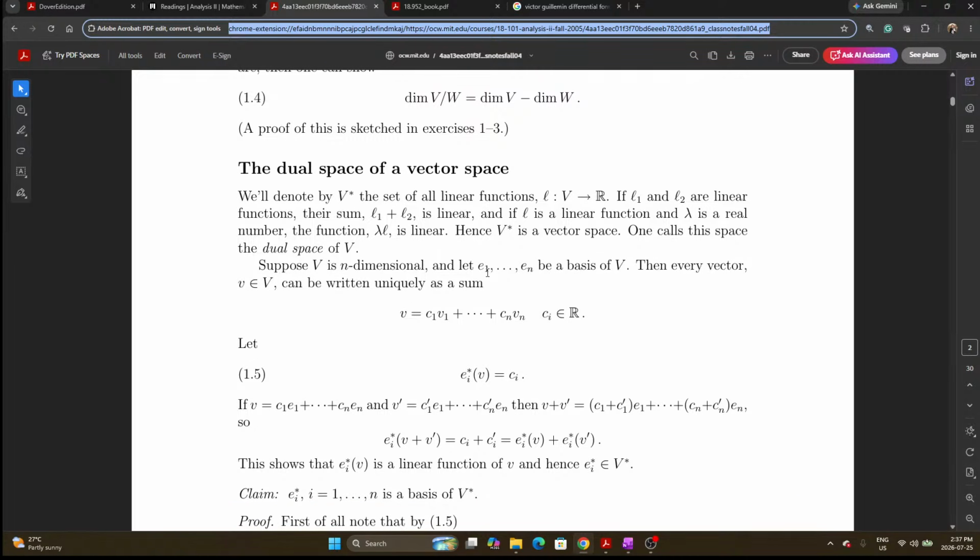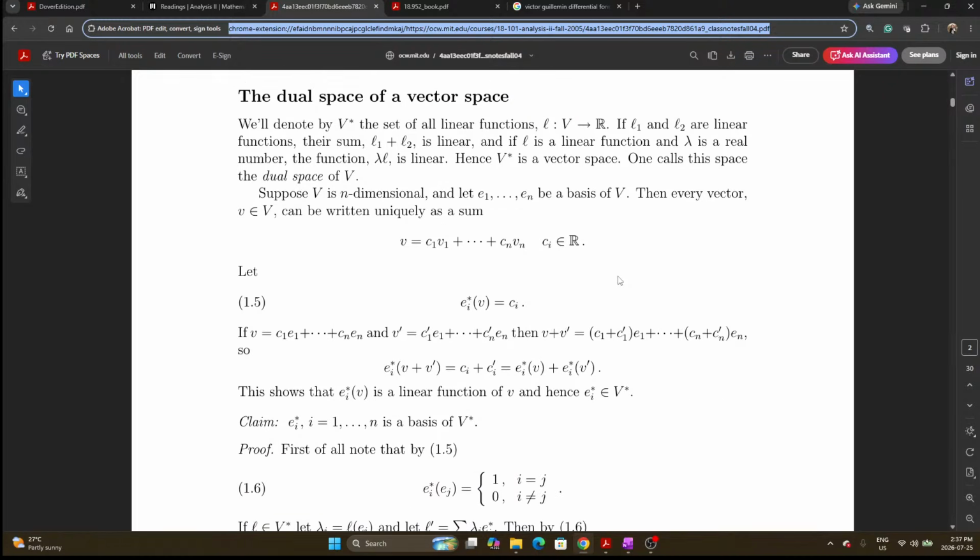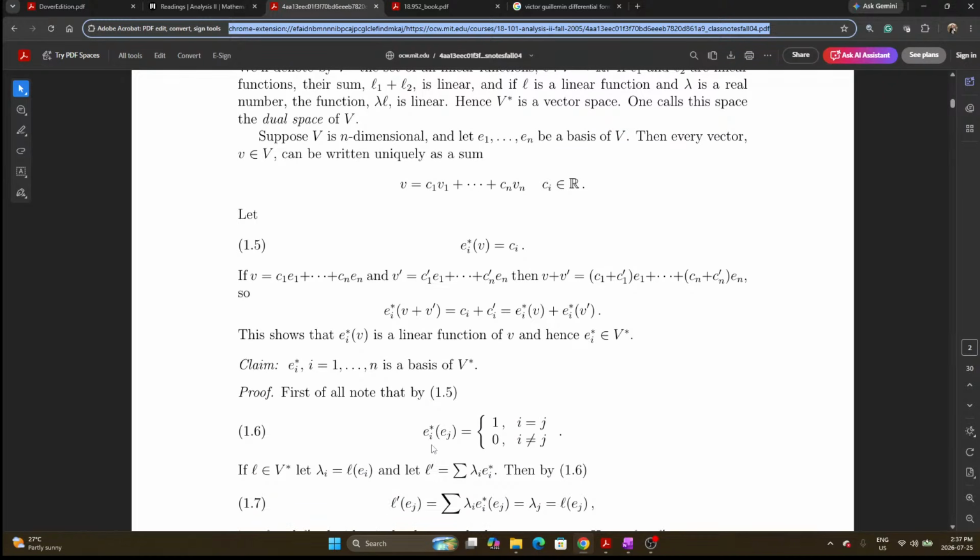Suppose you have E1 all the way to En as a basis for V. And then you can define E star, right? E star, yeah, that's a notation for the dual basis. Now I see on the left general relativity and on the right quantum mechanics. I'm a physicist. Yes, so you see that they're both physics, right? And in different areas of physics, different formalisms of tensors dominate.